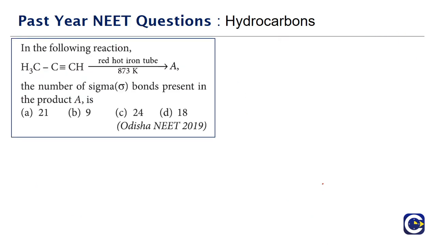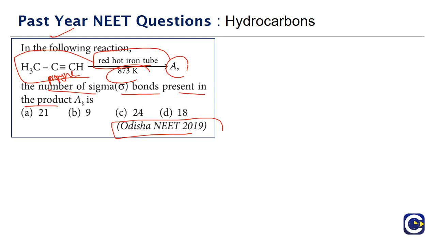Next we have a question that came in the NEET 2019 Odisha paper. In the following reaction, this is basically propyne. Propyne, when passed over a red hot iron tube at 873 Kelvin, gives us a substance A. The number of sigma bonds present in the product A is.